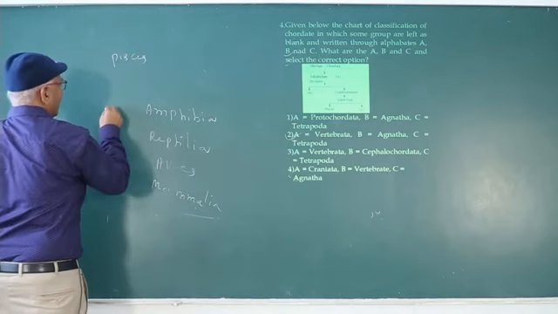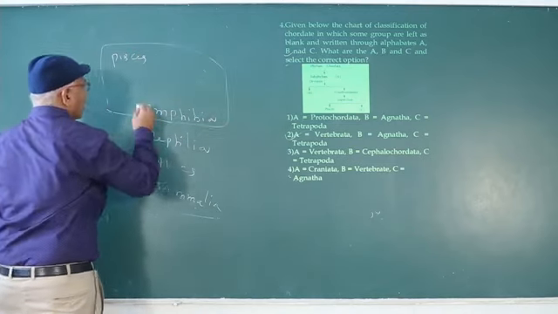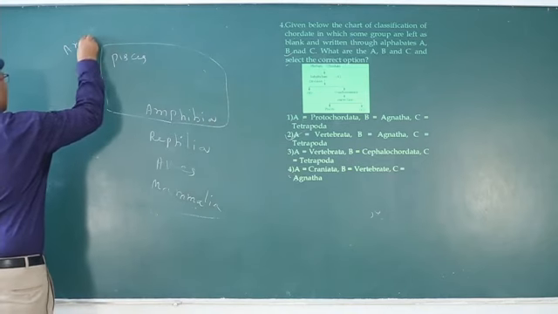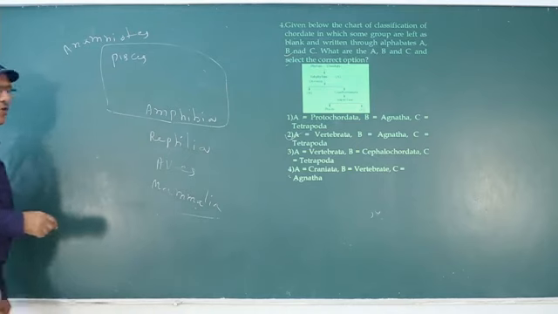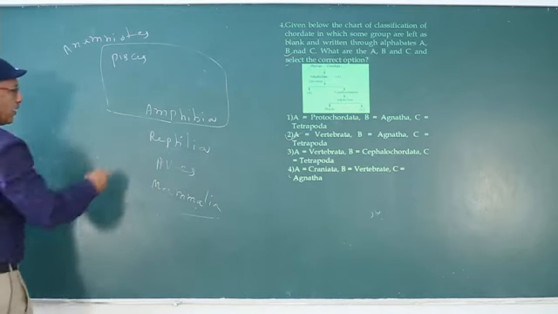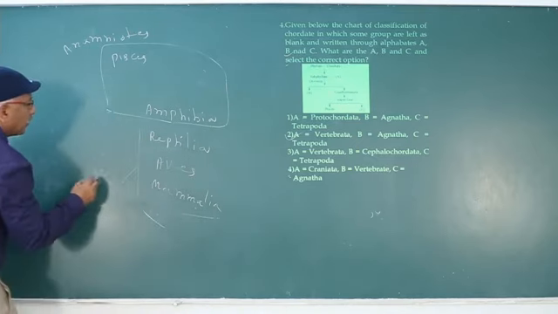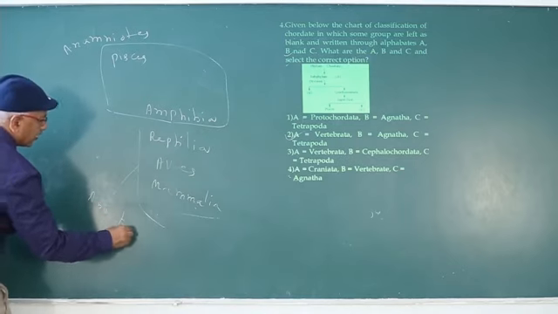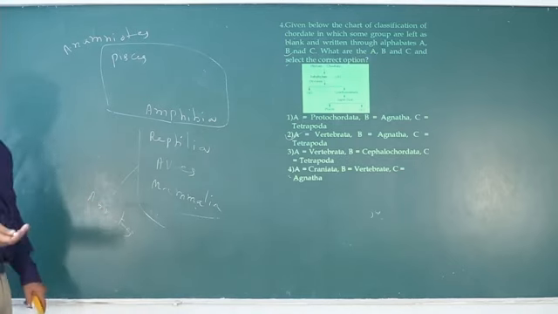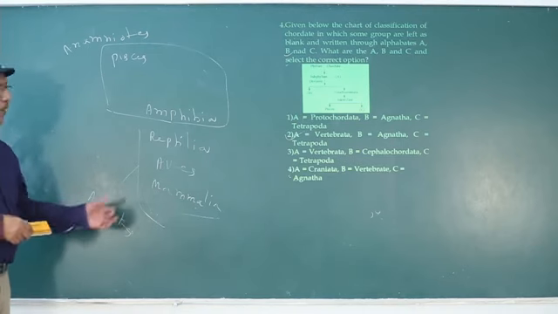Pisces and Amphibia together are known as Anamniotes. Anamniote means no extra embryonic membrane. Reptiles, Aves and Mammals together are known as amniotes. Amnion is one of the extra embryonic membranes.